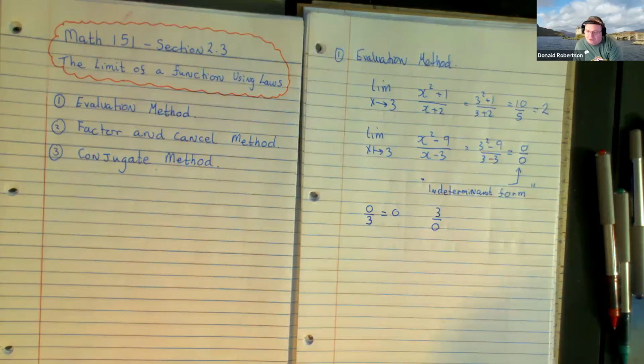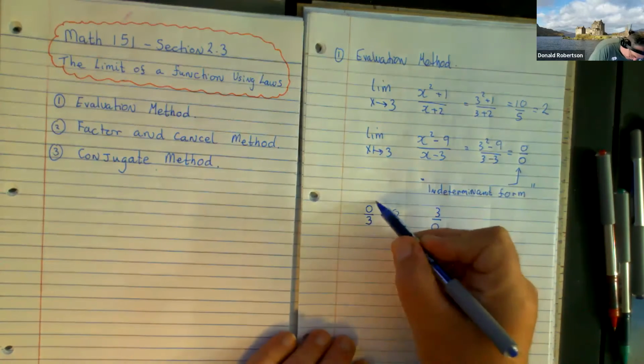From only those three choices, what would that get you? Yeah, some kind of infinity. Would you agree if you take a number and divide it by 0, the answer is going to be infinitely large? Probably in this case plus infinity.